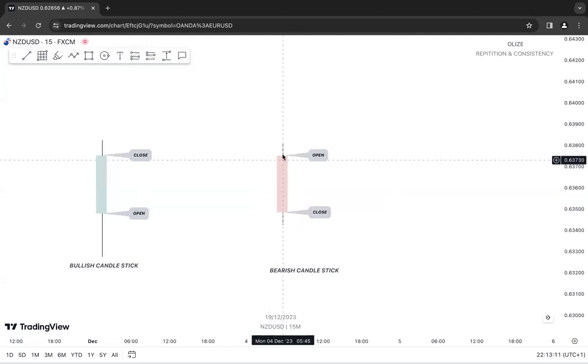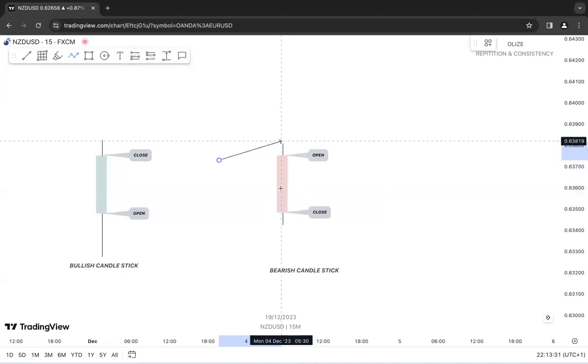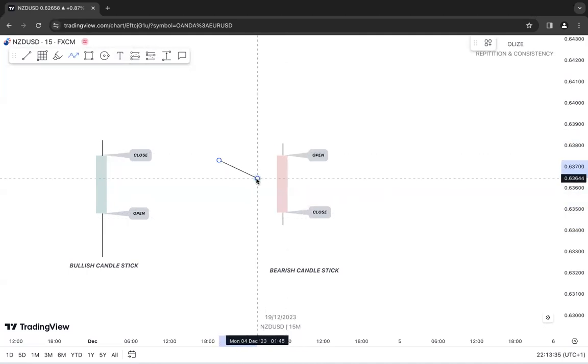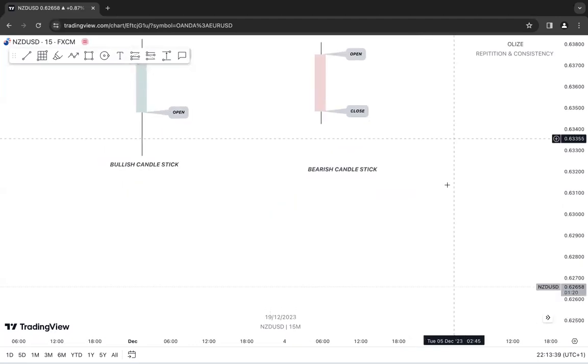So price opened here. Let me make use of part two. Price opened here. Buyers opposed and pushed price upward, but sellers are in control of the market, and sellers pushed price downward up to this point here. But buyers tried to oppose and we closed. So this candlestick is telling us that sellers are in control of the market. That's just the anatomy behind candlestick formation.